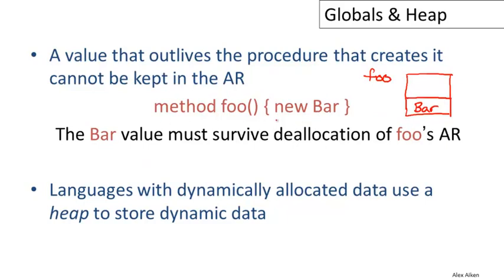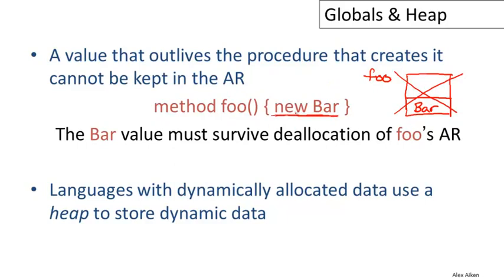And now when this method returns, of course, the activation record will be deallocated, and so the bar object will also go away. But that won't work here, because notice that the dynamically allocated object, the object we allocated during the execution of foo, is also the result of foo.